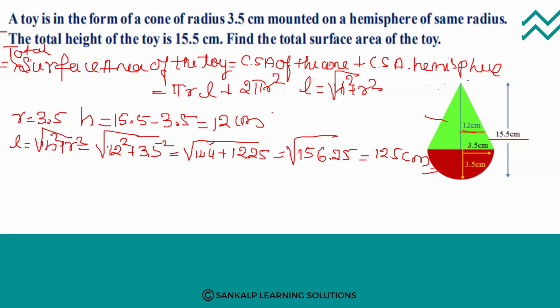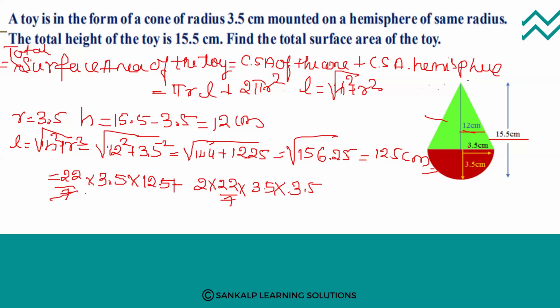Now, total surface area of the toy. CSA, that is pi RL. Pi value is 22 divided by 7 and R value is 3.5. L value is 12.5 plus 2 into 22 divided by 7 into R square, which is 3.5 into 3.5. Now, 7 ones are 7, 7 fives are 35, that is 0.5. Here also 7 ones are 7, 0.5.